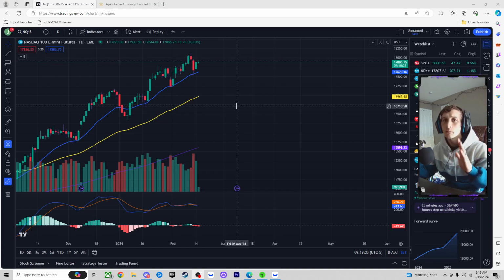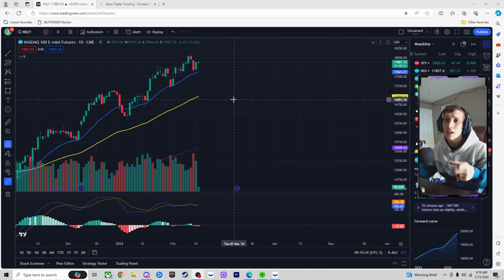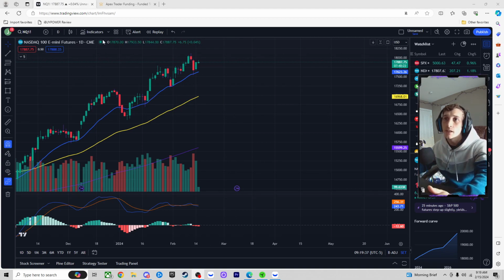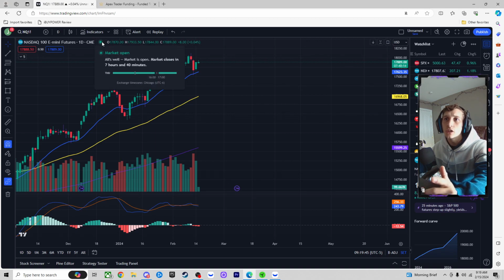Now just wait, because I know everyone's going to be like, oh, now I gotta spend 20 bucks, actually 25. Not only do you have to get the premium plan, but you can also see up here where it says CME, there's this little green dot. When you click on this green dot, it says market open. For most of you guys, it's probably going to be orange or yellow, which basically means you're getting delayed data.